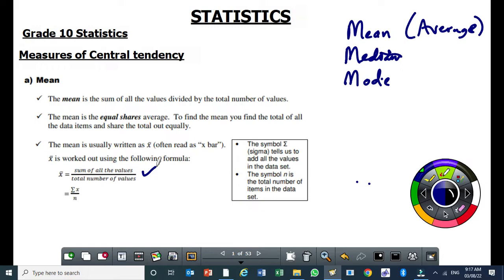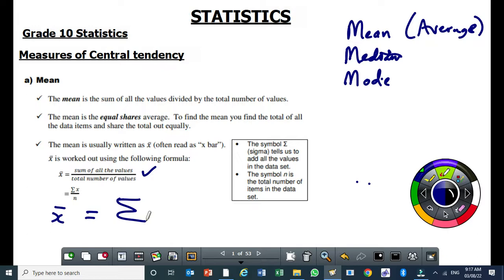But generally we denote the mean by x bar. The notation used for the mean is x bar. You are going to see that on the calculator. So you write a small x, then you put a horizontal line on top of the x. That's the notation for the mean. This will be equal to sigma. You already know what sigma stands for, from your sequences and series.